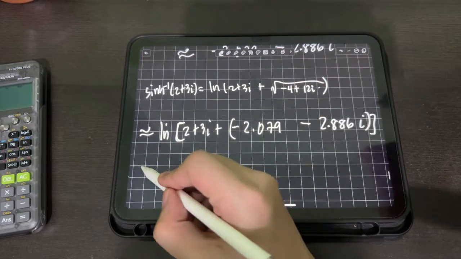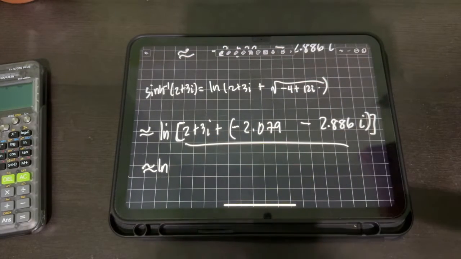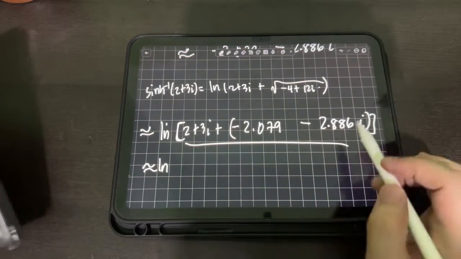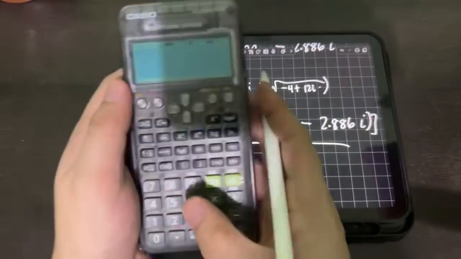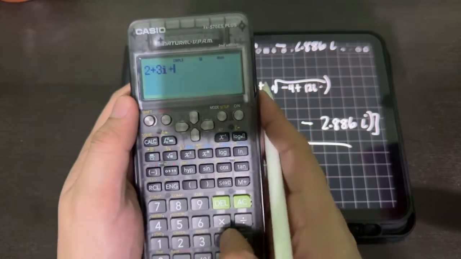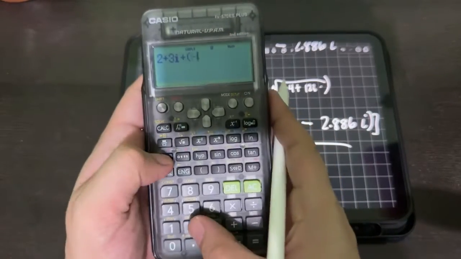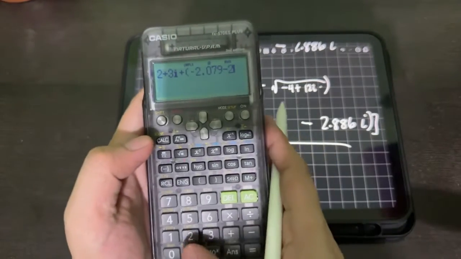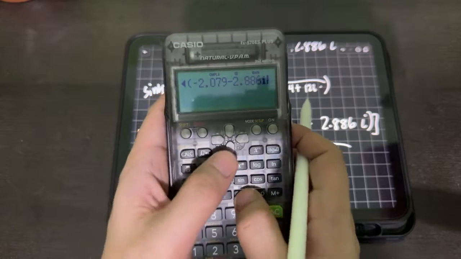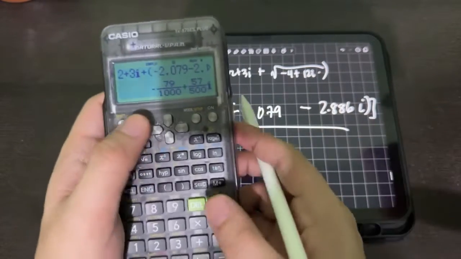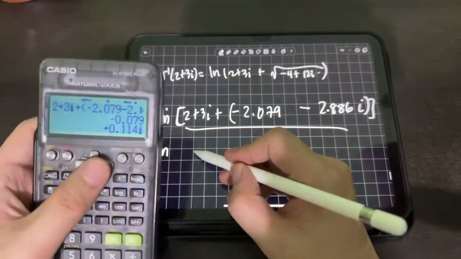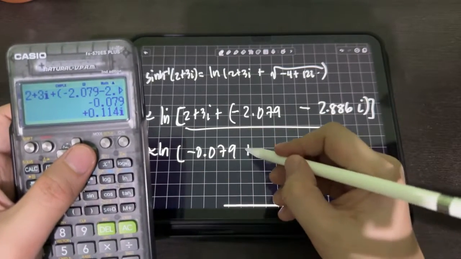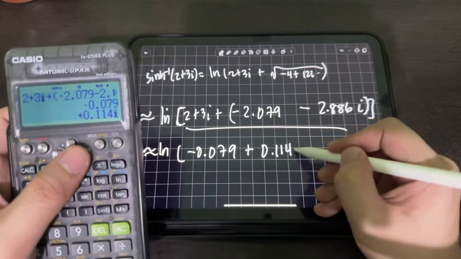And then you combine this complex number. So you can use your calculator since it involves decimals now. Just input 2 plus 3i plus negative of 2.079 minus 2.886i equal, in decimal, it is negative 0.079 plus 0.114i.